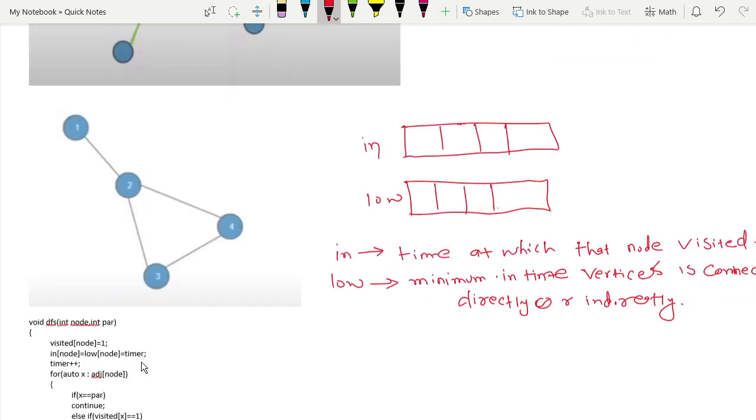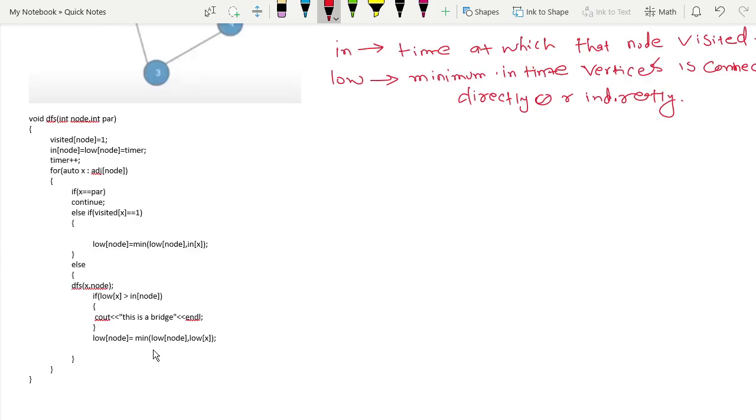What we have to do in these three cases, we will see here. If the node we are traversing, the child of the current node, is the parent, then we will do nothing. Else, maybe its child is already visited, then that will be the case of a back edge.